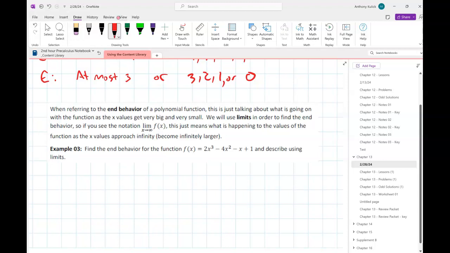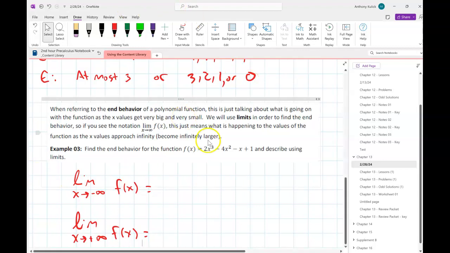So for example, we're going to have an end behavior for the left end of our graph and the right end of our graph. To find what those end behaviors are, I'm going to just type this into my calculator and take a look at the picture.